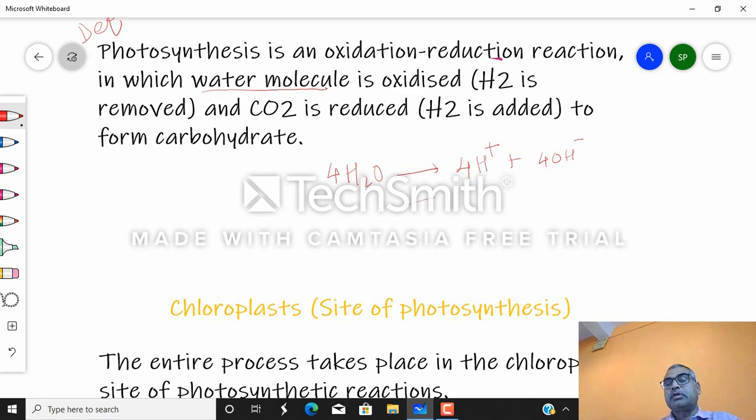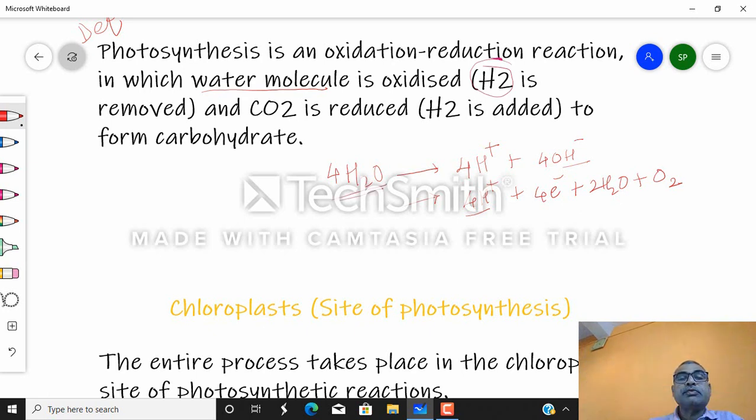If you see further, the dissociation of these 4 OH minus gives 4H plus as it is, plus 4 electrons, plus 2 molecules of water, plus a molecular oxygen. So removal of H2 from the water molecule is the oxidation.